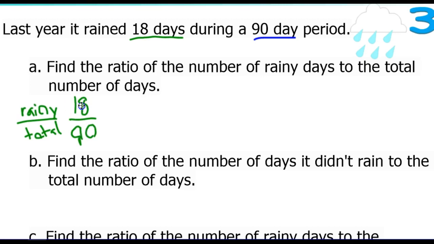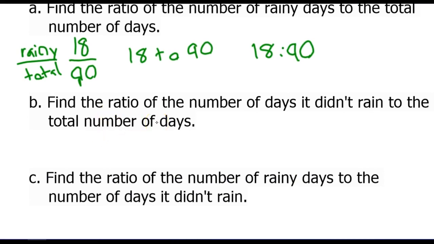Now, this is one way to write a ratio, 18 over 90. We can also write it 18 to 90, or just 18 colon 90. So you may see a ratio written any of these three ways. They all mean the same thing.